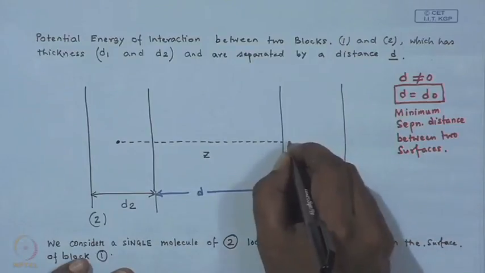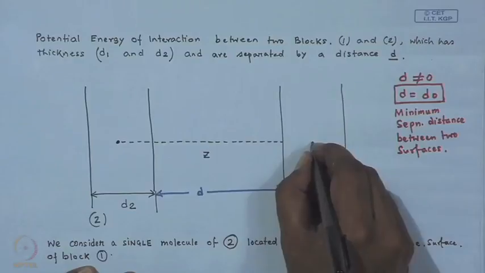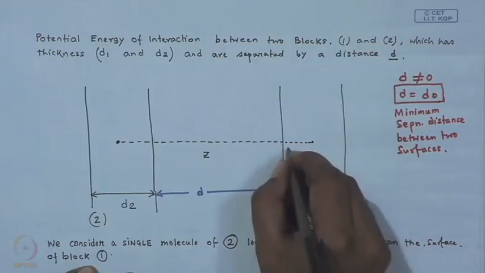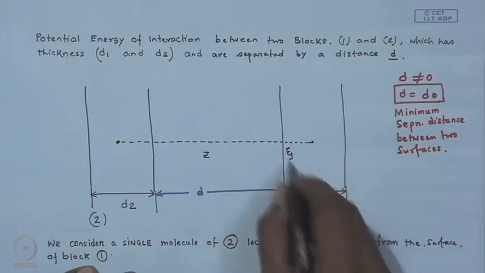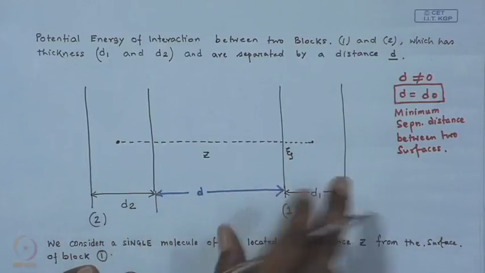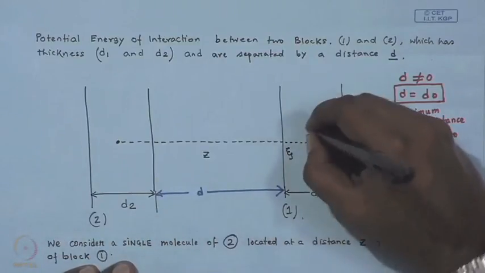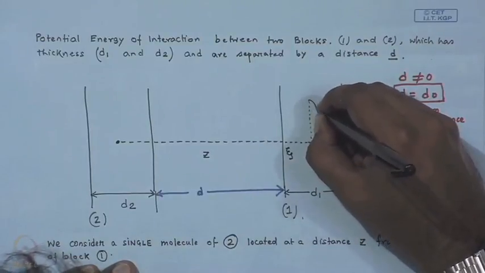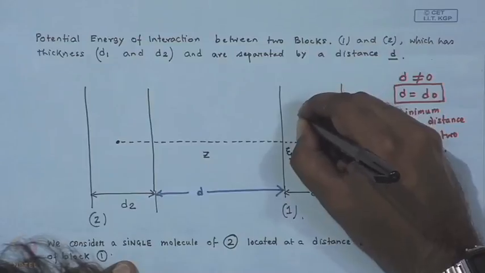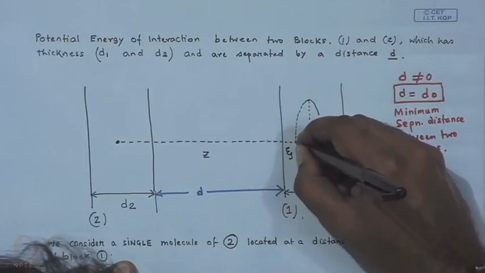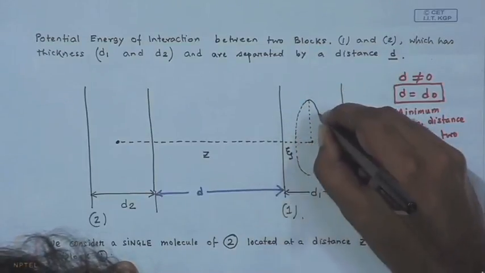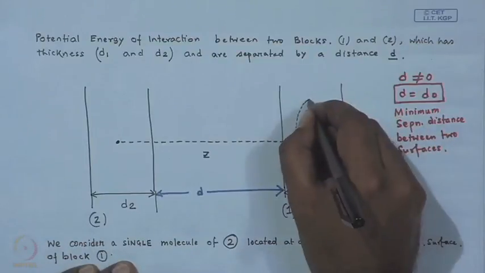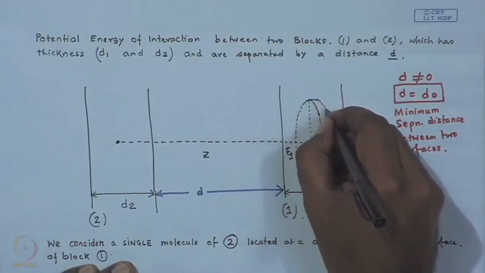Now, we identify a location, let us say, which is at a distance zeta away from the top surface. It is inside the block, and we consider an annular ring over here, a thin ring of width del zeta.